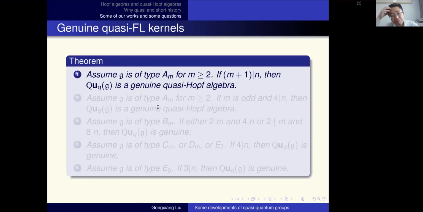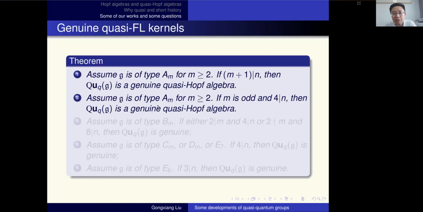It's a pity. Even though I construct such a quasi-Hopf algebra, I don't know whether it is genuine or not. A complete list, I don't know the complete list. Sometimes I know. At least I recall a theorem here. If G is of type A, and if m plus 1 divides n, then this quasi-Hopf algebra is genuine.